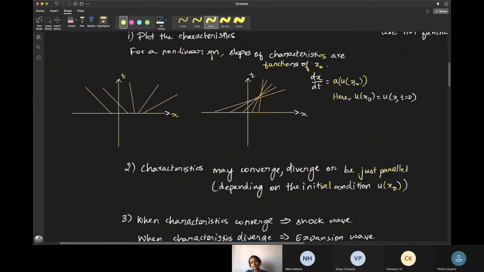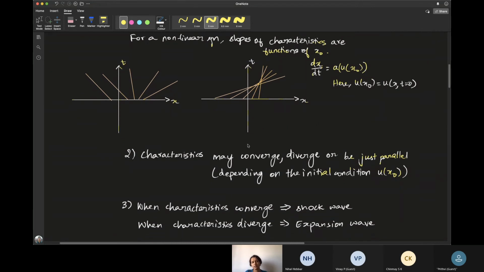If u is the same for all x naught, then of course the slope is going to be the same for all x naught. So it depends on the initial condition. If u is different for different x naught, then the slope at each and every point will be different, and that will lead to converging or diverging characteristics. If the slope is the same, then the characteristics will be parallel.